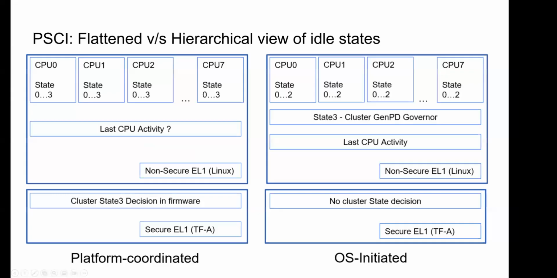No, we have not moved any last CPU activity from trusted firmware to Linux. The only thing is that certain drivers would have custom logic to do last CPU activity. For example, when the OS knows that it is for sure going into L3 level off, it might need to do a certain global resource off. For example, it might turn off or remove its vote for DDR, right?